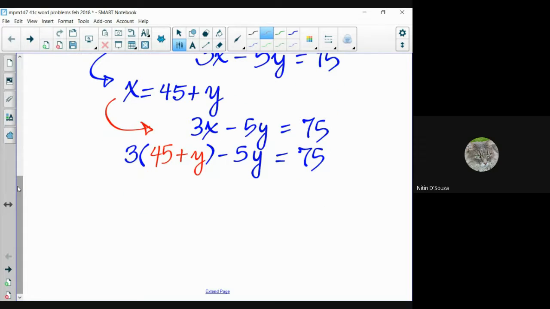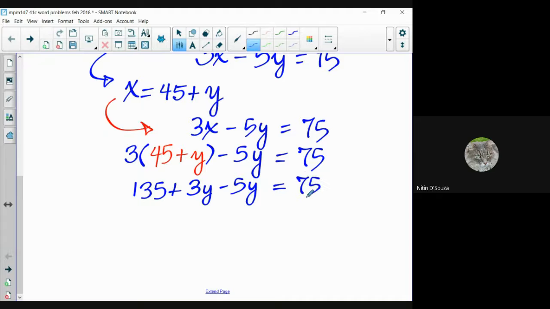So 3 times 45 is 135 plus 3y minus 5y equals 75. So 3y minus 5y is minus 2y. The 135 goes to the other side, becomes negative.